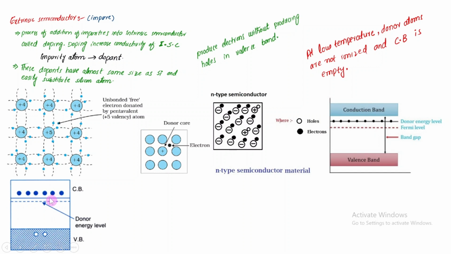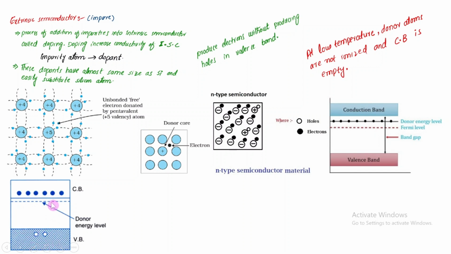It does not produce a hole here, because these electrons are contributed by the pentavalent element, without producing holes in the valence band. Two of them come from the valence band. So the overall number of electrons in the conduction band at some temperature T is greater than the holes present in the valence band.